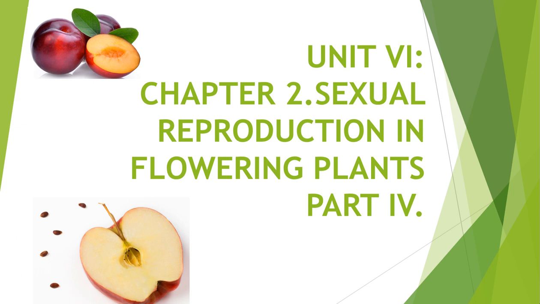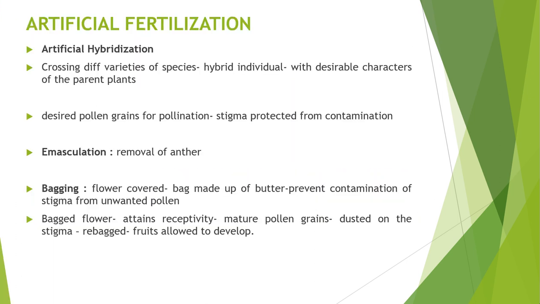So what happens in artificial hybridization? It is the crossing of different varieties of a species to produce a hybrid individual with the desirable characters of the parent plants. Artificial hybridization means to improve and enhance the quality of plants, and it is useful in plant breeding.